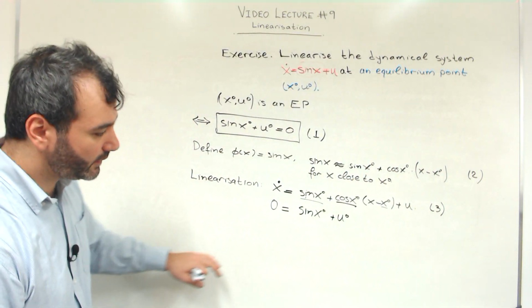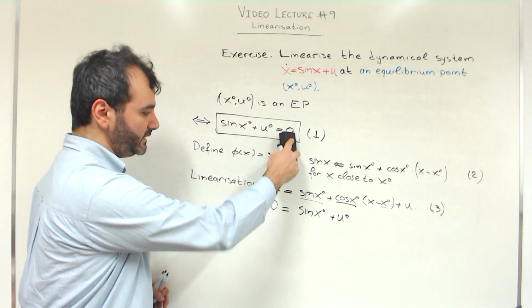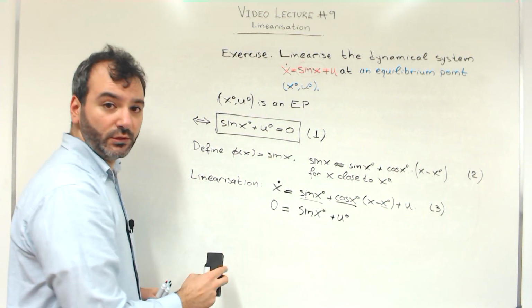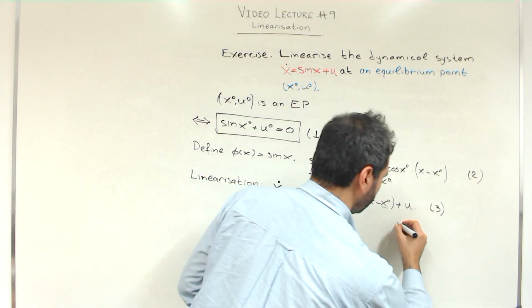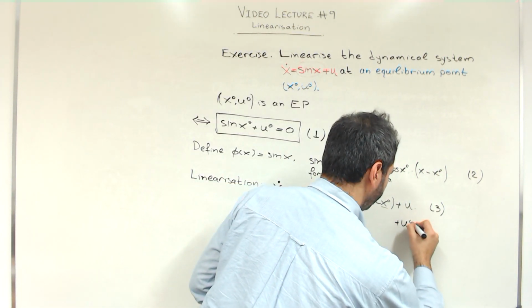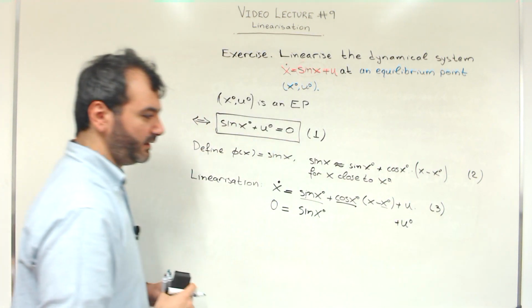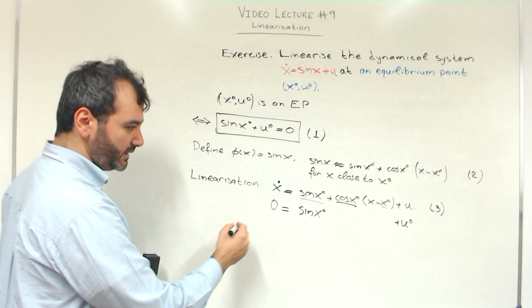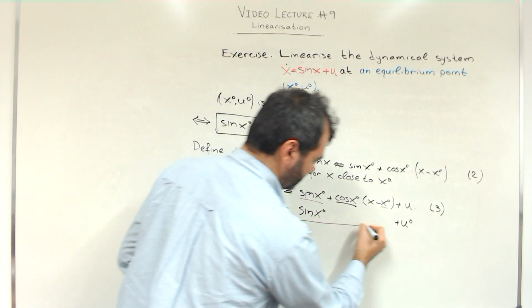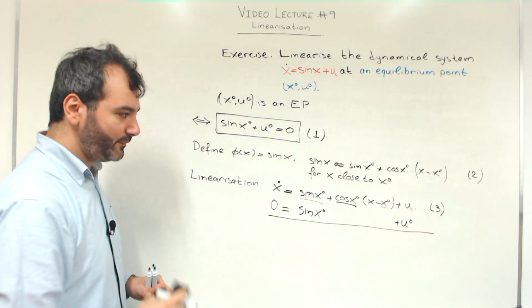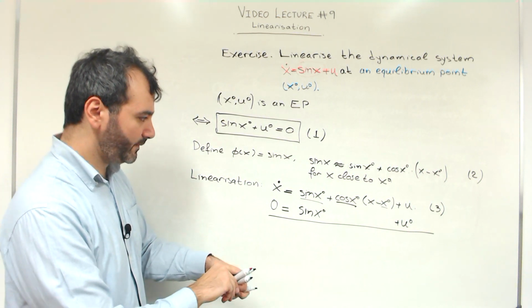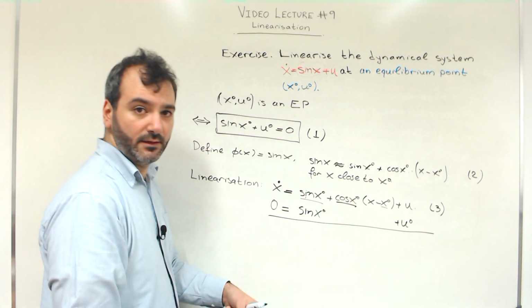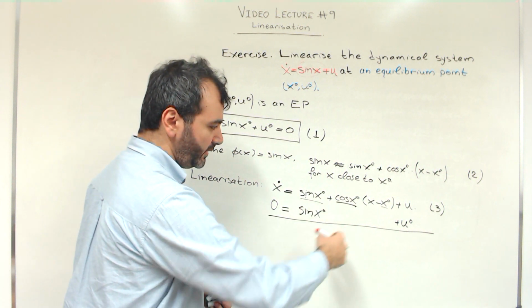Actually, I would like to write it. I wrote 0 on the left-hand side. I would like to do one more modification. Let me write u0 over there. Now, before I just tell you the solution here, let us reflect for a moment and think what happens if we subtract equations by parts.